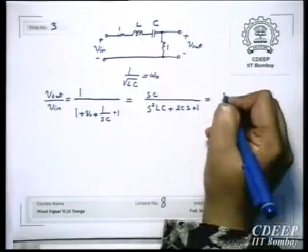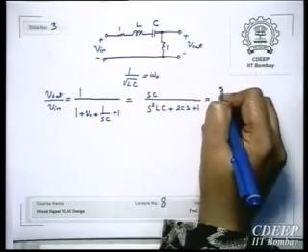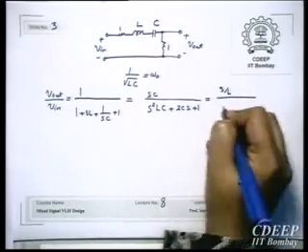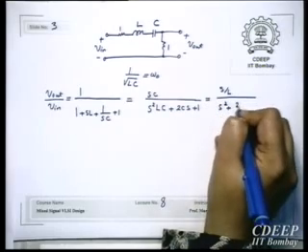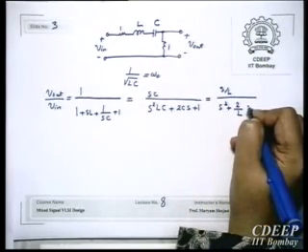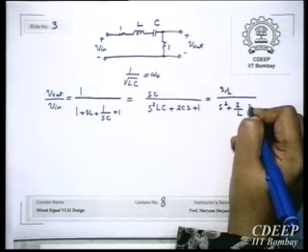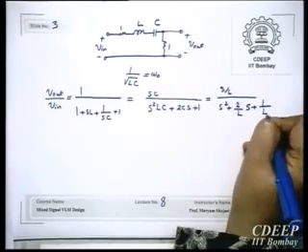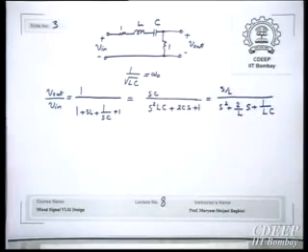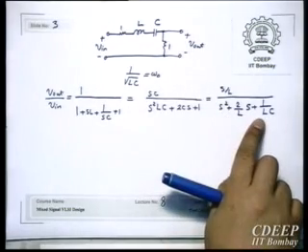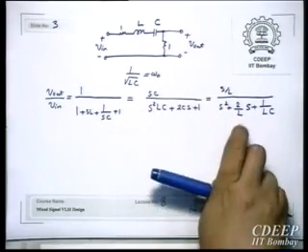So if you divide by LC, this will be S upon L, S square plus 2 upon L S plus 1 upon LC. Which again, at S square minus 1 upon LC will give you 1 upon 2.